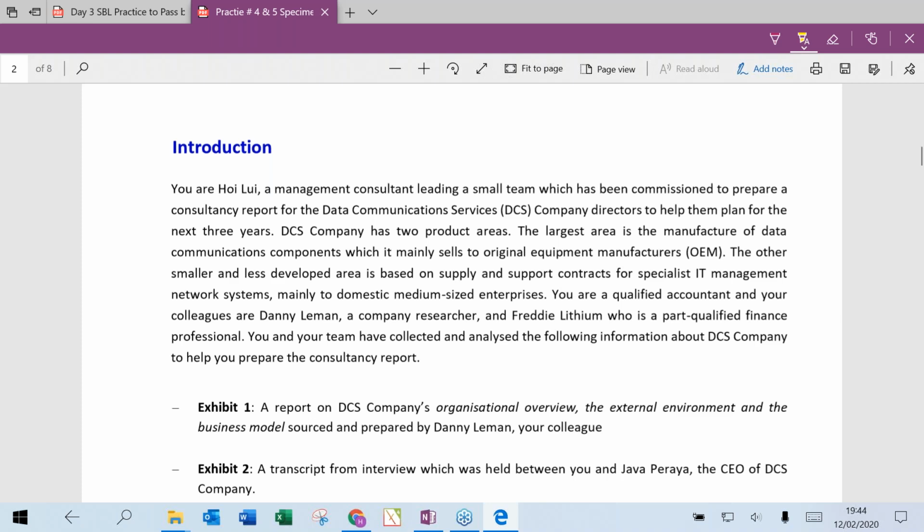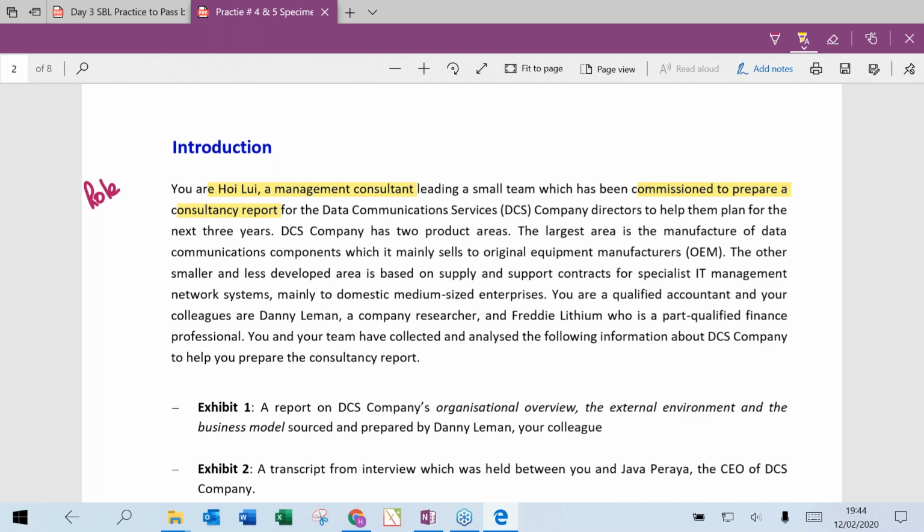What's our role? In fact, our name is also given. You like the name? And what are we supposed to do? We have been a team commissioned to prepare a consultancy report for the board of DCS to help them plan for the next 3 years.